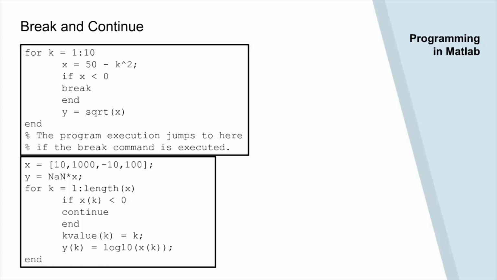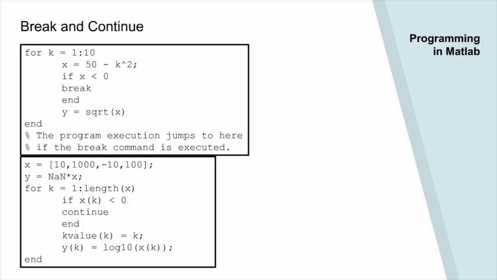For example, the following code uses a continue statement to avoid computing the logarithm of a negative number. So here in the second box we have x as 10, 1000, minus 10 and 100. We have y as NaN times x. Then we have a for loop with k from 1 to length of x, and if we have a number in x that is less than 0, we continue.